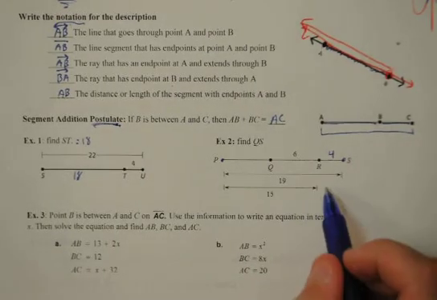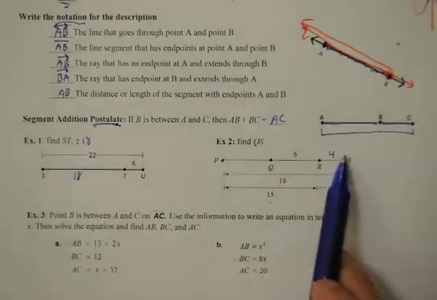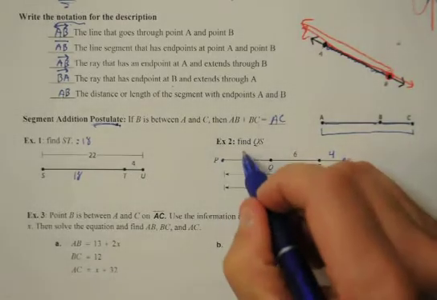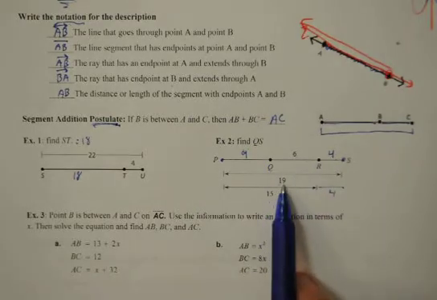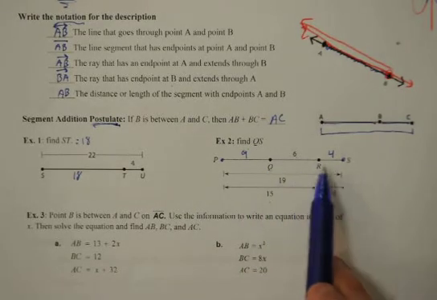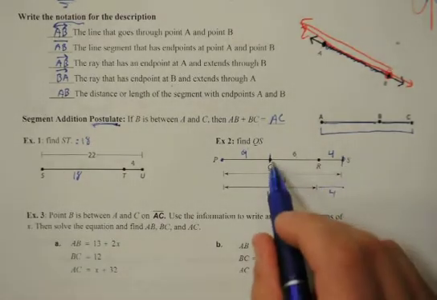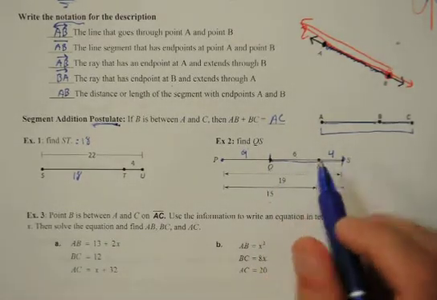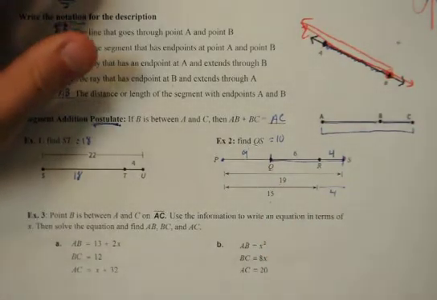Because 4 plus 15 is 19, and then if this whole thing is 19, this has to be 9, because 9 plus 6 plus 4 is 19, and the length from Q to S is 10. Right. So with the segment addition postulate, we can add things together.